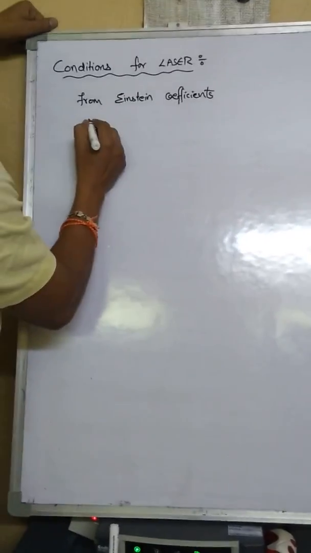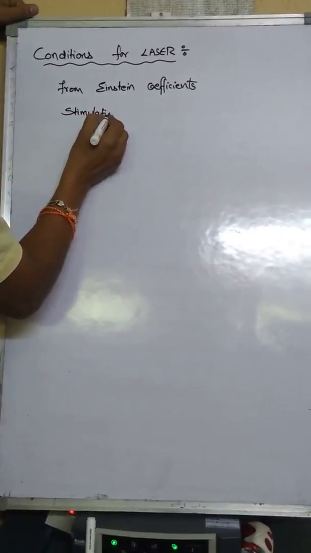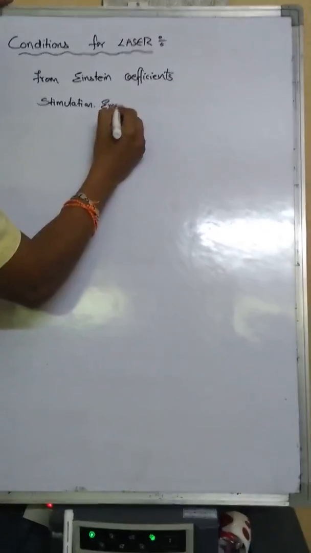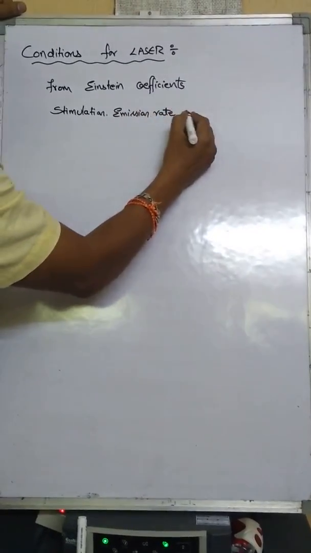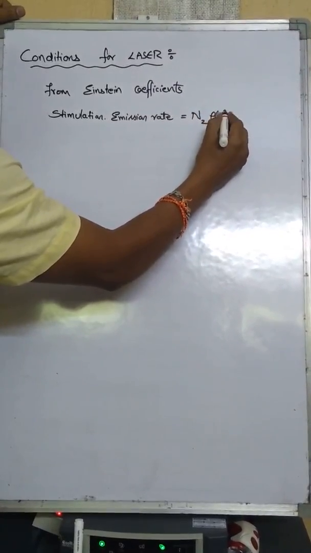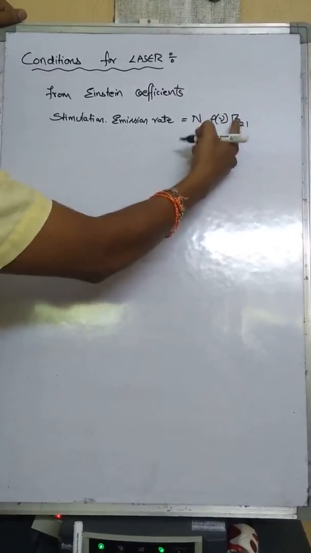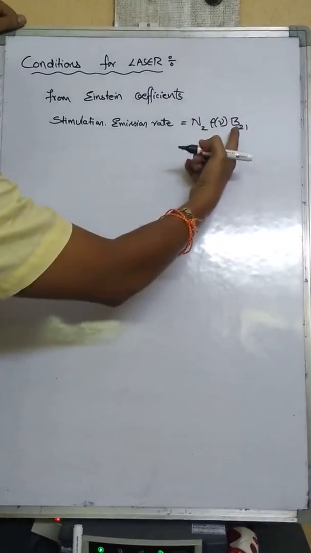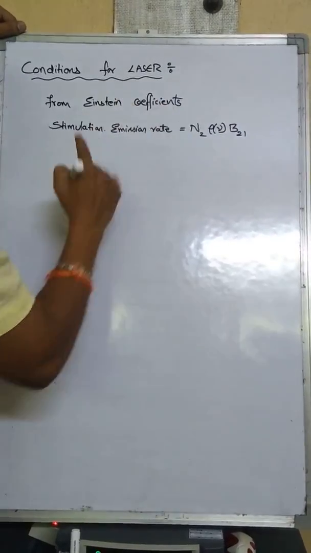From Einstein coefficients, we have an important equation, that is stimulated emission rate. Stimulated emission rate is equal to N2 rho nu B21, where B21 is an Einstein constant. This is equation 3 in Einstein coefficients.